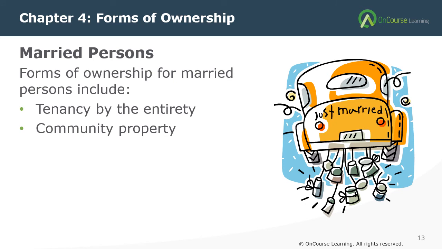So separate property is different from community property. Community property states recognize that each spouse owns half of the property acquired during marriage, but those states also recognize the existence of separate property.